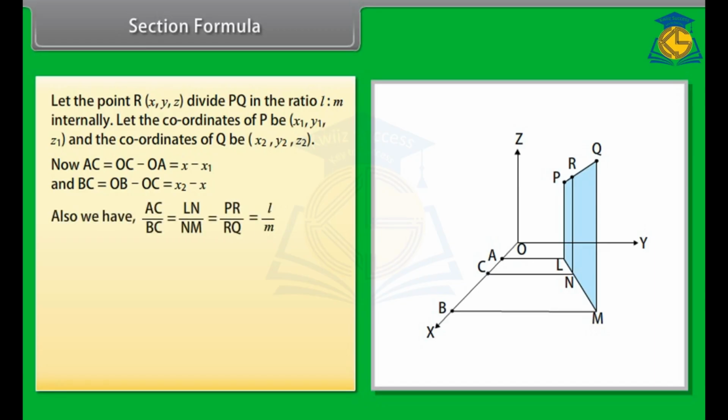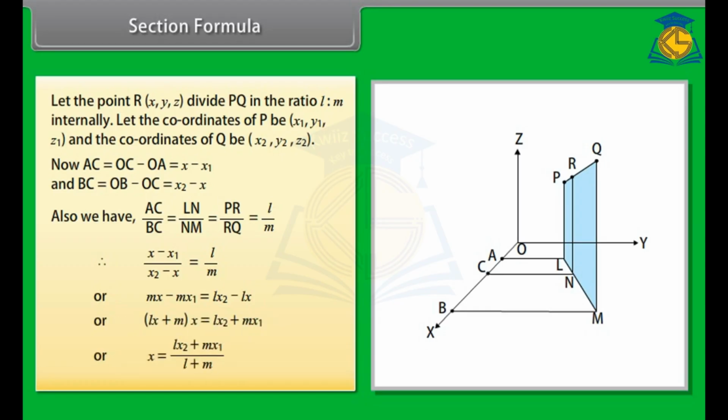Also, we have AC/BC = LN/NM = PR/RQ = L/M. Therefore, (x − x1)/(x2 − x) = L/M. On solving, we get x = (Lx2 + Mx1)/(L + M).